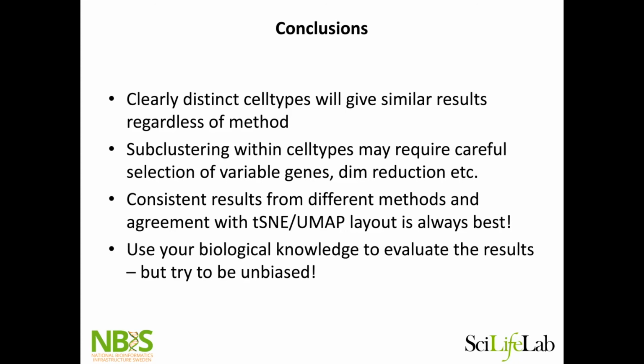And if it agrees with the t-SNE, the UMAP, and different clustering tools, then you can trust the results more than if just one time when you ran clustering you got really nice results, but the other 10 times you ran it you got completely different results, then I would be worried. And use the biological knowledge to really evaluate if you can trust what you see.